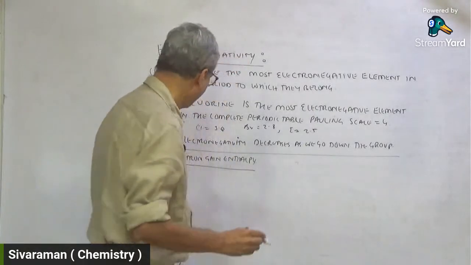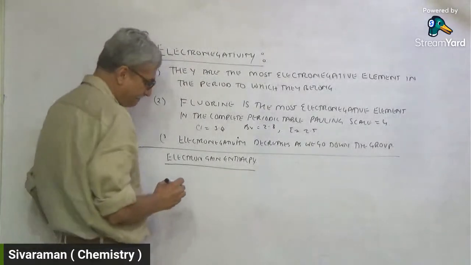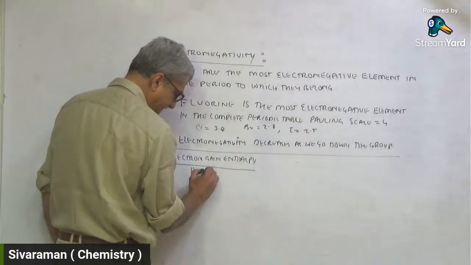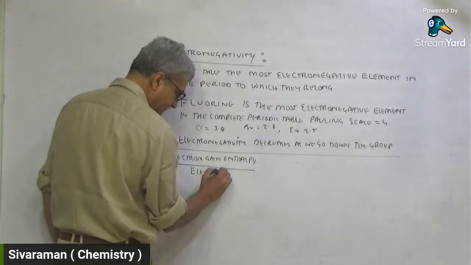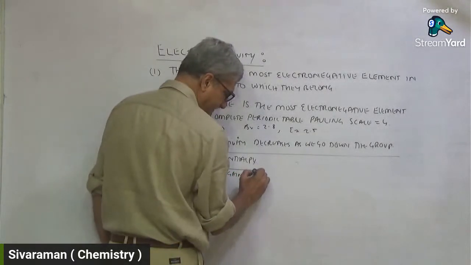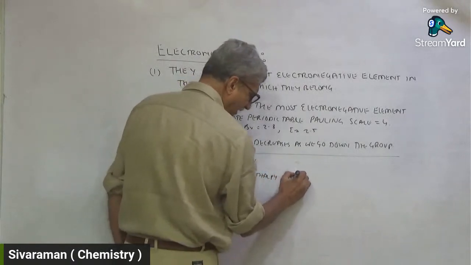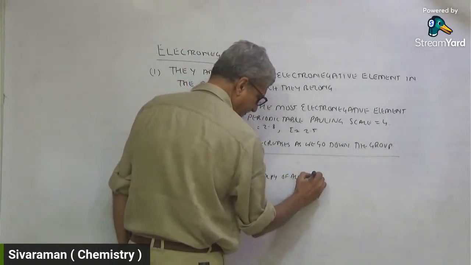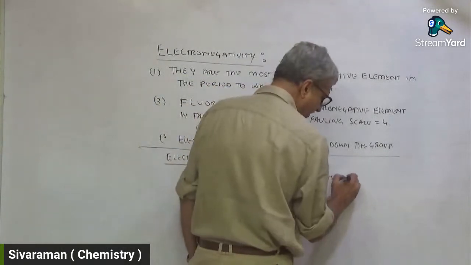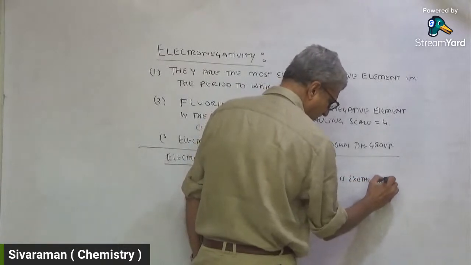So the electron gain enthalpy of all these elements is exothermic.